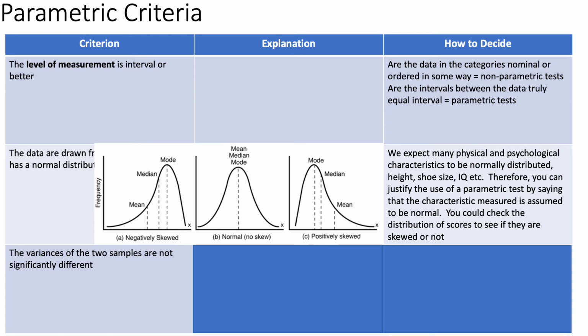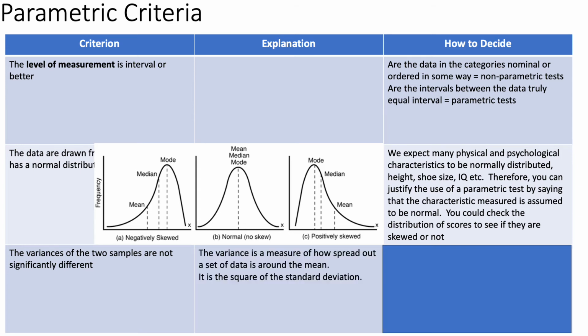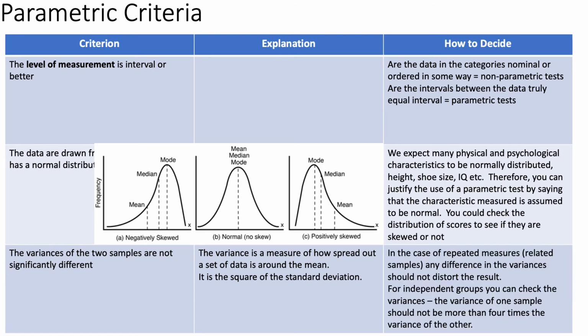And the last one is that the variances of the two samples are not significantly different. What does this mean? It means that the set of data is spread out quite equally around the mean. And how we work out the variance is we look at the square of the standard deviation.